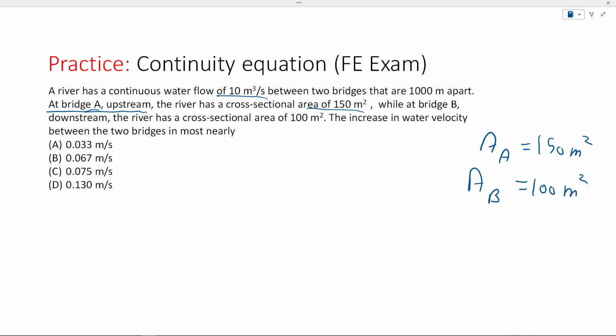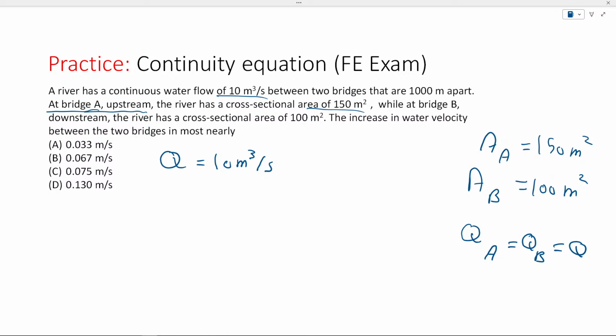The increase in water velocity between the two bridges is most nearly what? Here we assume continuous water flow, so Q at A is equal to Q at B is equal to Q. And Q is given as 10 meter cube per second. So what is the increase in velocity between the two bridges?